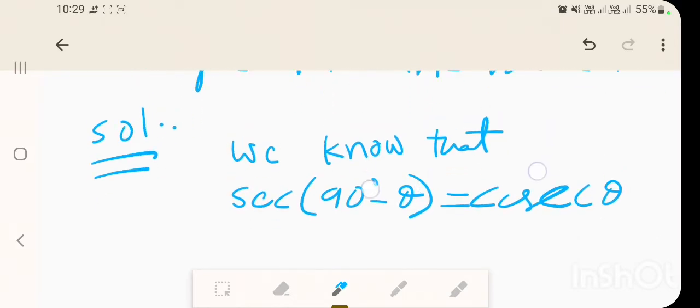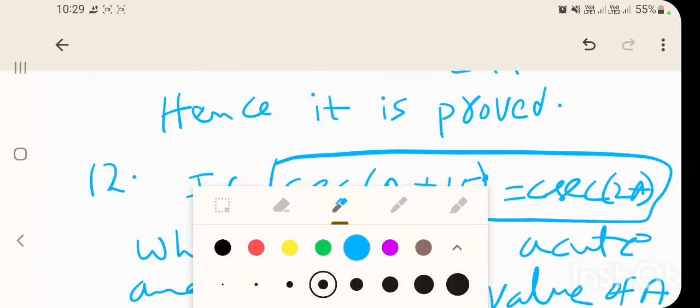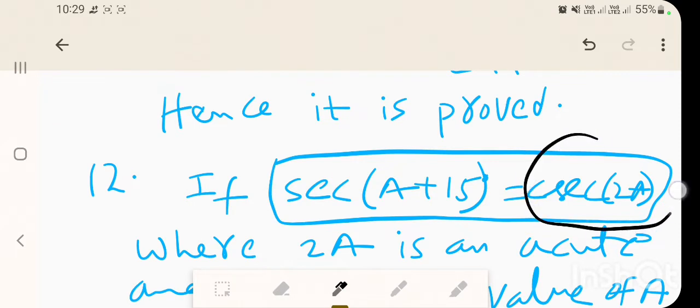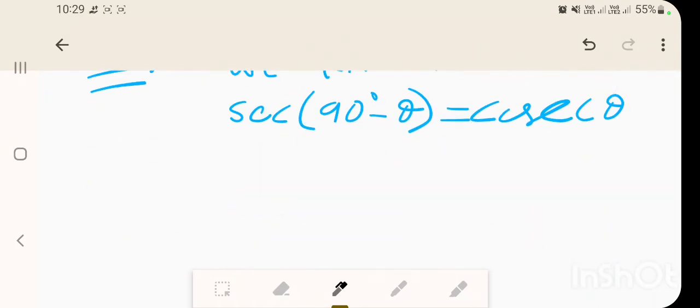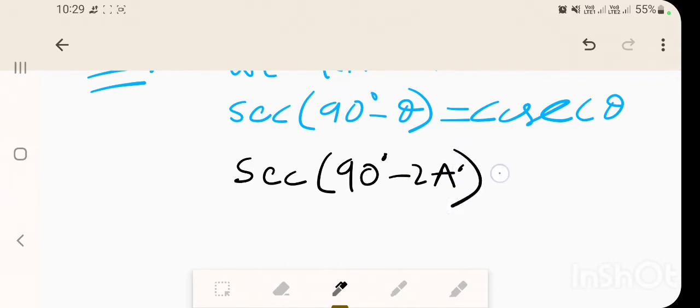So here in the given problem, the RHS is cosecant 2a. In place of theta we are going to write 2a. So secant 90 minus 2a is nothing but cosecant 2a.